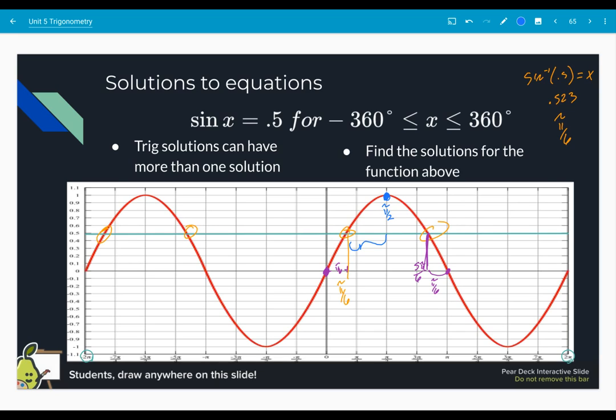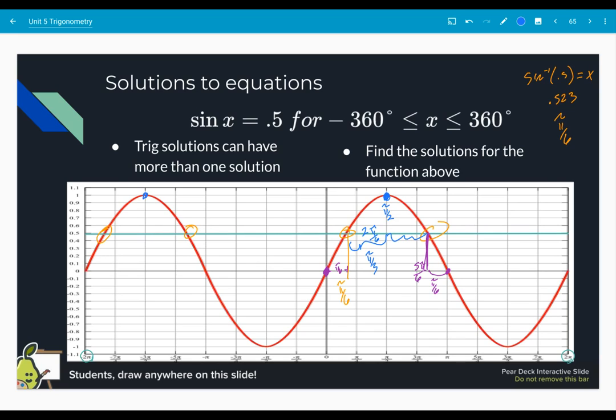So it's going to be 2 pi over 6, or pi over 3, is the distance there. So then you're going to take that and add that to the other side. So that's where we get the 5 pi over 6, and we can redo that on the other side.